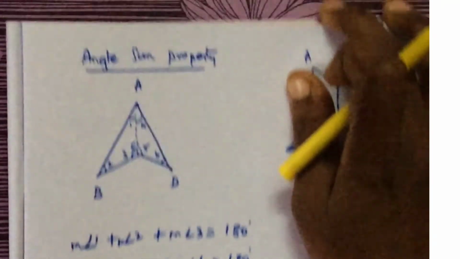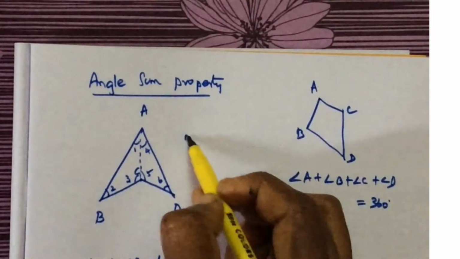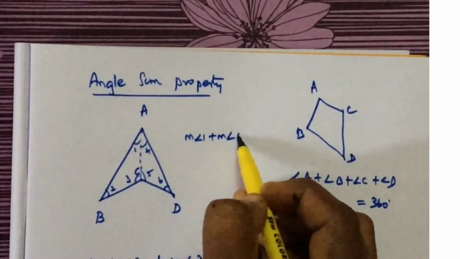Now here, what is the measure of angle 1 plus the measure of angle 4?